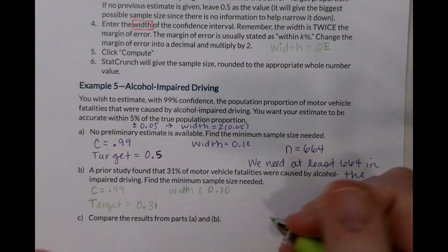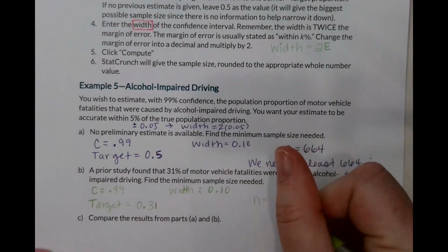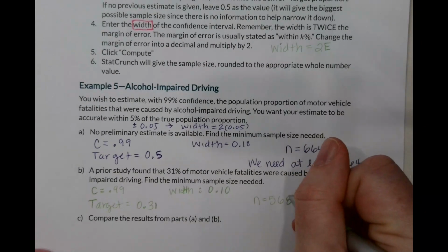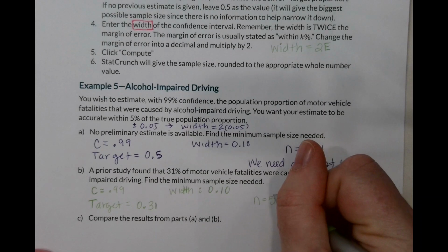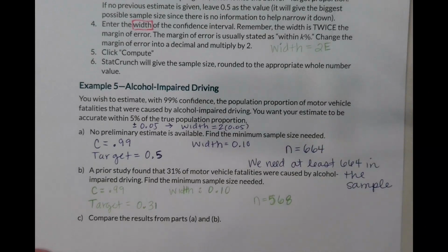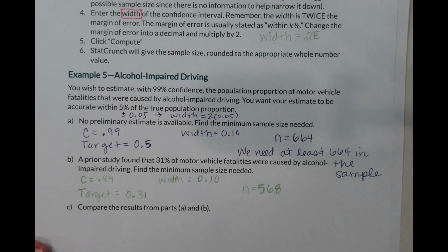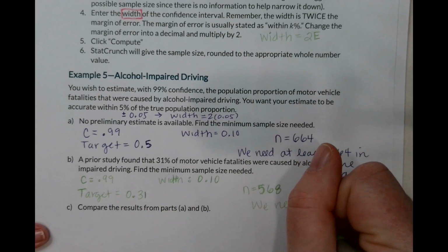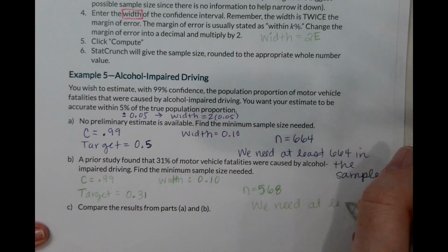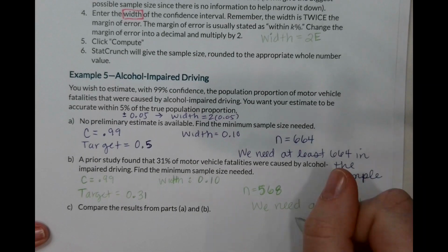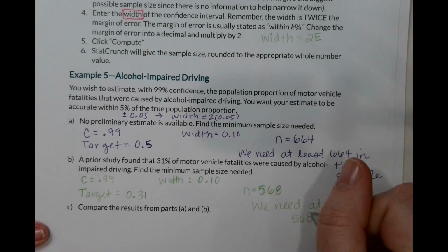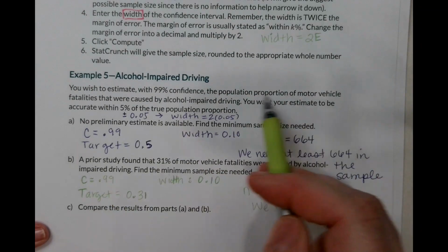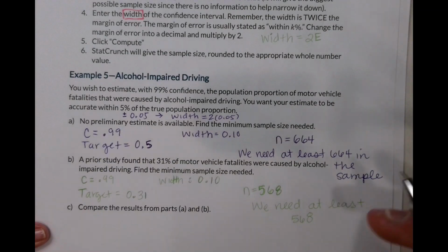That way you don't have to try and figure out why Pearson is saying that your answer is wrong when you feel very confident about your process. So if we have this information, then we need at least 568, in this case, I guess, information about motor vehicle fatalities in the sample.